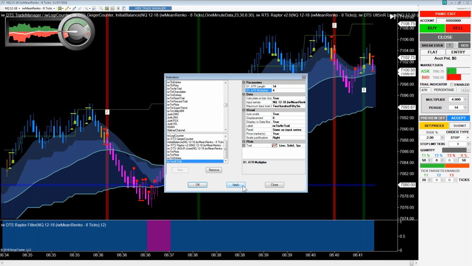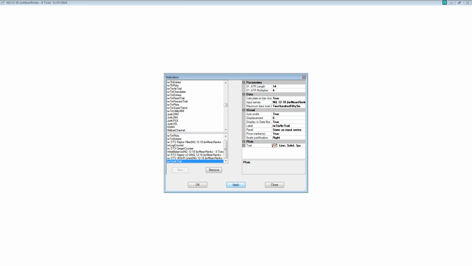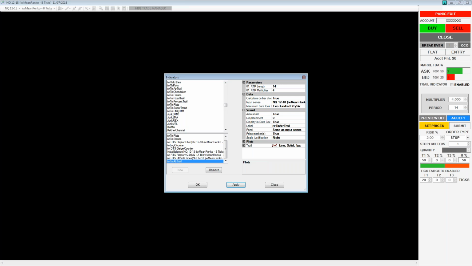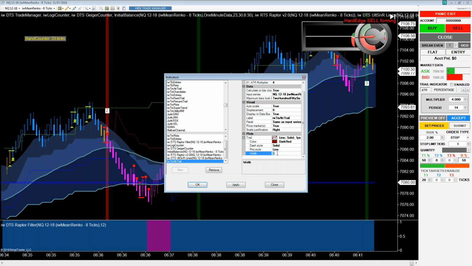I think that might be a little bit too aggressive. But at any rate, when you apply that to your chart, oh, here I'll make it a little bit thicker so you can see it better. Maybe we'll make it good and thick.